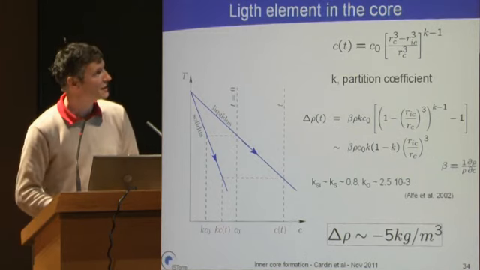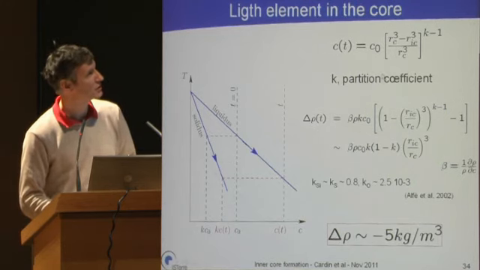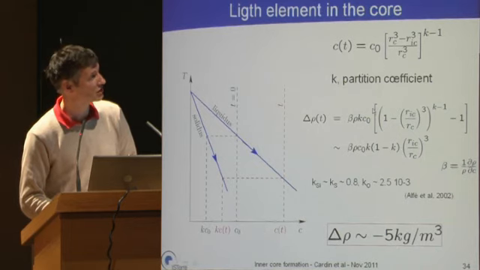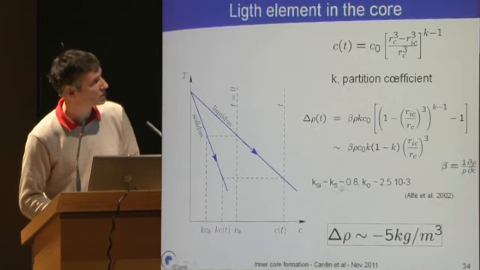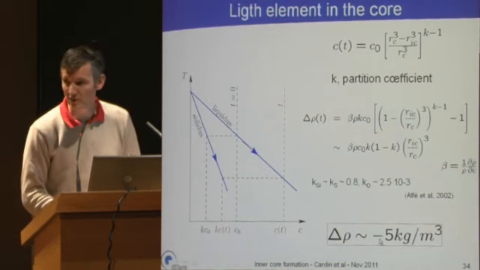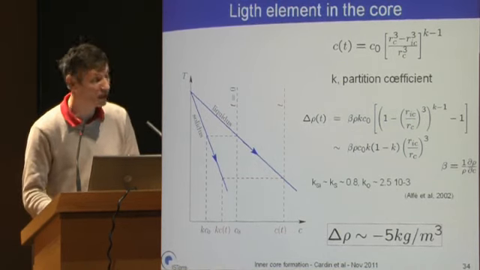Yes. And if you put numbers and you try to do as the people in the geochemistry community, using Rayleigh laws and such things, very difficult, and using alpha partition coefficients for sulfur and silicon, because oxygen is not interesting to do that, you find a delta rho of 5 kilograms per cubic meter between the center and the top of the inner core.